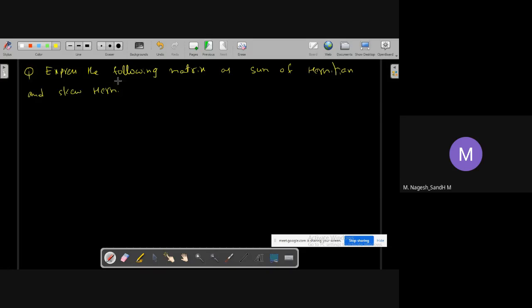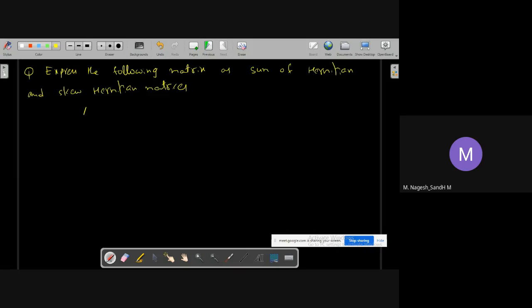Question: Express the following matrix as a sum of Hermitian and skew Hermitian matrices.